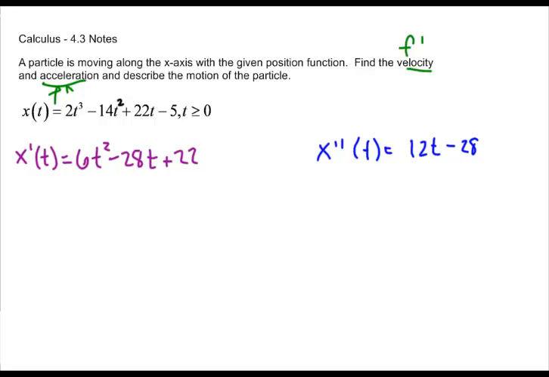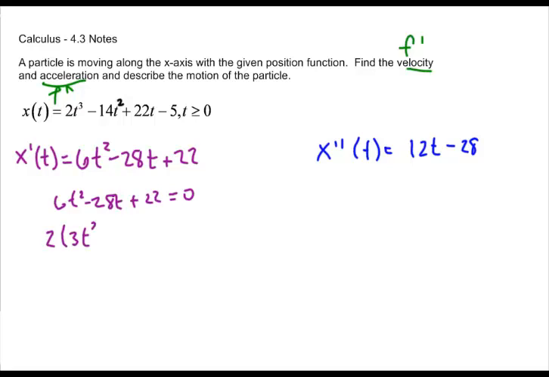Alright, so what's really important for us in order to describe the motion is to take these two pieces and set them equal to 0. So let's do that right now. 6t squared minus 28t plus 22 equals 0. We can factor out a 2.